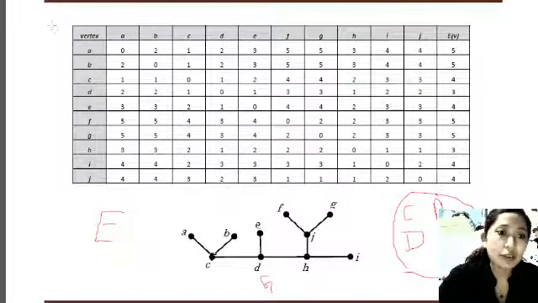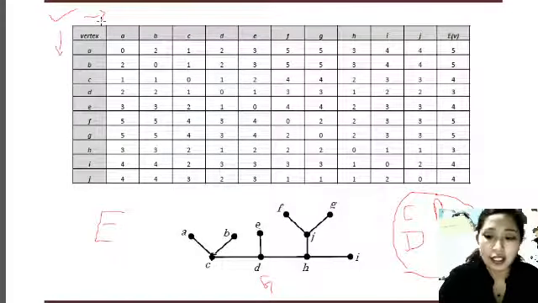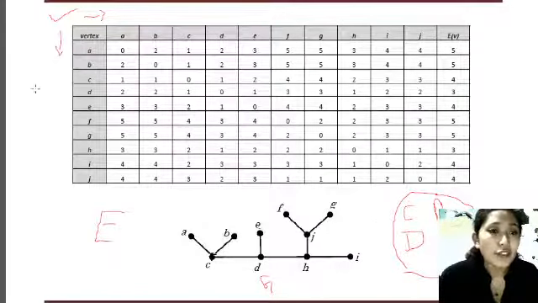This can be done by making a table like this. This table is an n cross n table, wherein n is the number of vertices in the graph. Write all the vertices in rows and all the vertices in columns: A, B, C, D, E, F, G, H, I, J, in the column as well as in the row. Now each entry of this table represents the distance between the two corresponding vertices.